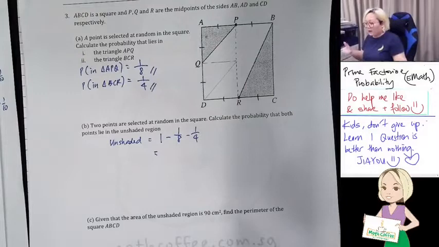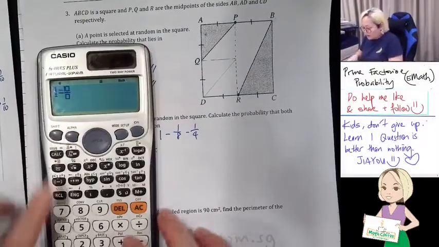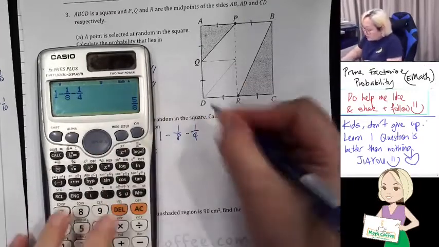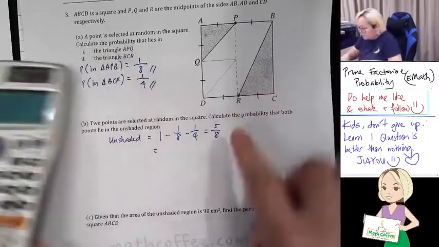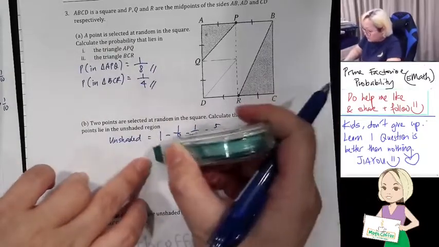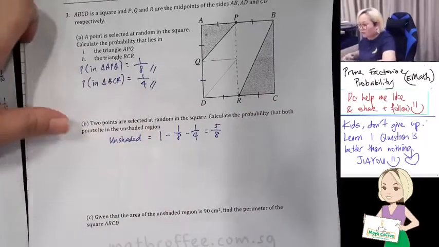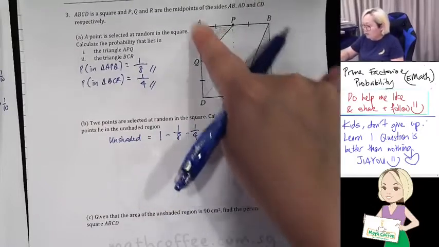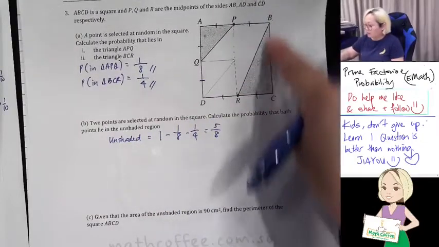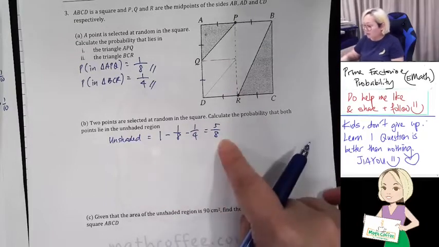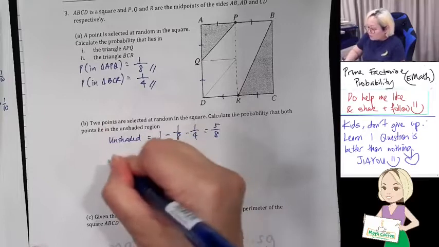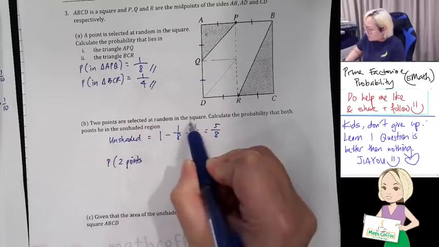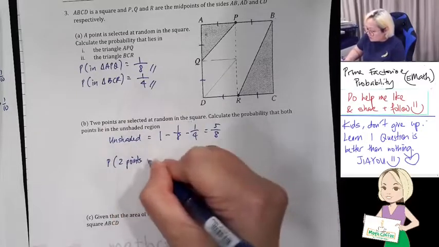So my unshaded is 5 out of 8. I took 1 whole minus 1 out of 8, the shaded small one, and the shaded big triangle is 1 out of 4, so I get 5 out of 8. So the probability of 2 points in unshaded.